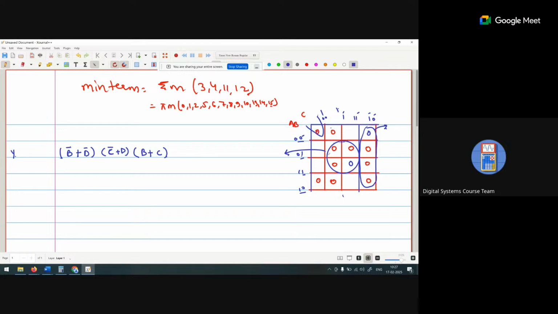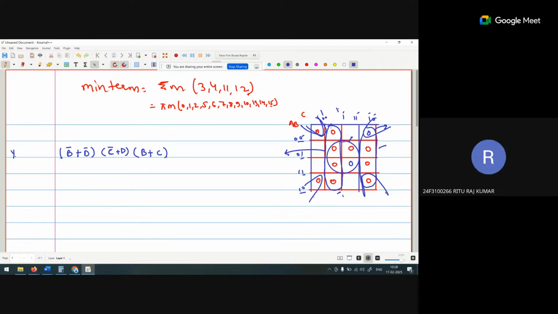Okay, that's fine. And one column-two group and one corner you are taking? Yes, sir. Now what about these two min terms? You have to create one more group. So how many groups are there? One this column two, one this one three, and one corner. Four groups are created.